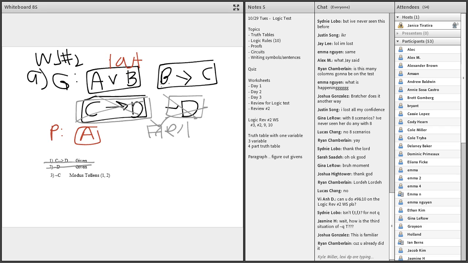So I can't use A or B yet, that's last, so I'm going to use step, or the other given right here. So I'm going to type that, step 4. So if B, then C, that's given. And now looking at step 3 and 4, we're given from step 3, it says not the conclusion.